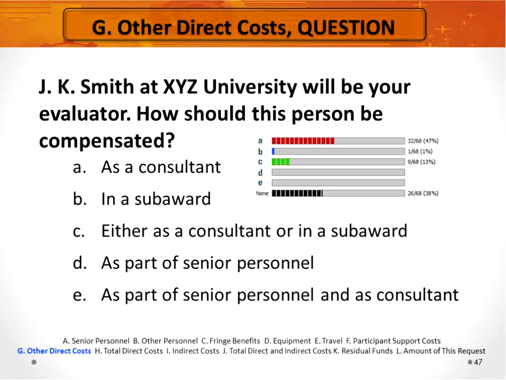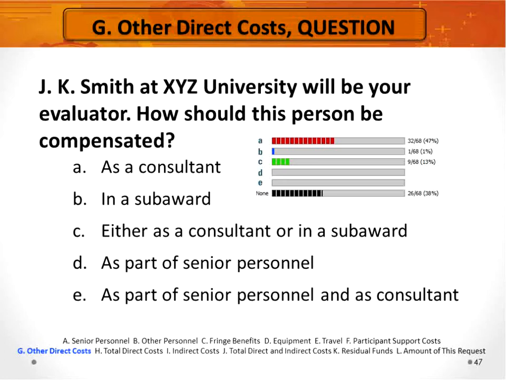Okay, so a majority of you picked A, which is as a consultant. You could certainly do it that way, but notice that the question is actually telling you that this person is at a university that's going to be your evaluator. Maybe it's a teaching and learning center at a university, and this person is actually a faculty member. You could do it as a consultant.